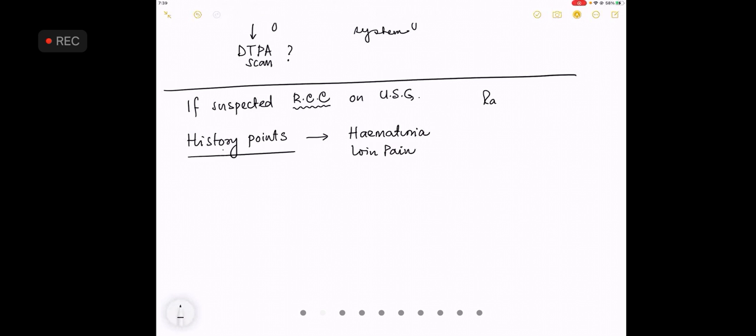Other rare features are, you know something called as paraneoplastic syndrome in relation to a tumor called RCC. Okay? Paraneoplastic syndrome. Just give me a minute, please.